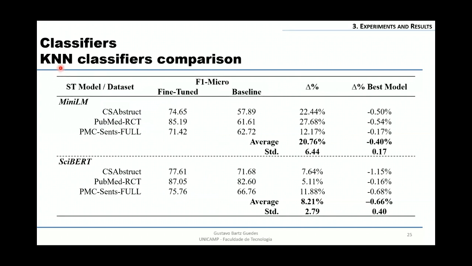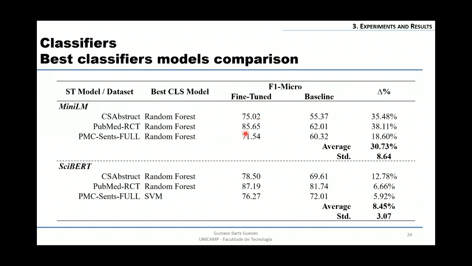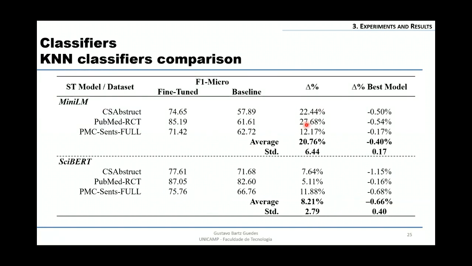the performance of the fine-tuned and baseline models only in the KNN classifiers, right? We see here that all of them had a great improvement, and we also compared it with the best models, the best classifiers. So we use these values here to compare.